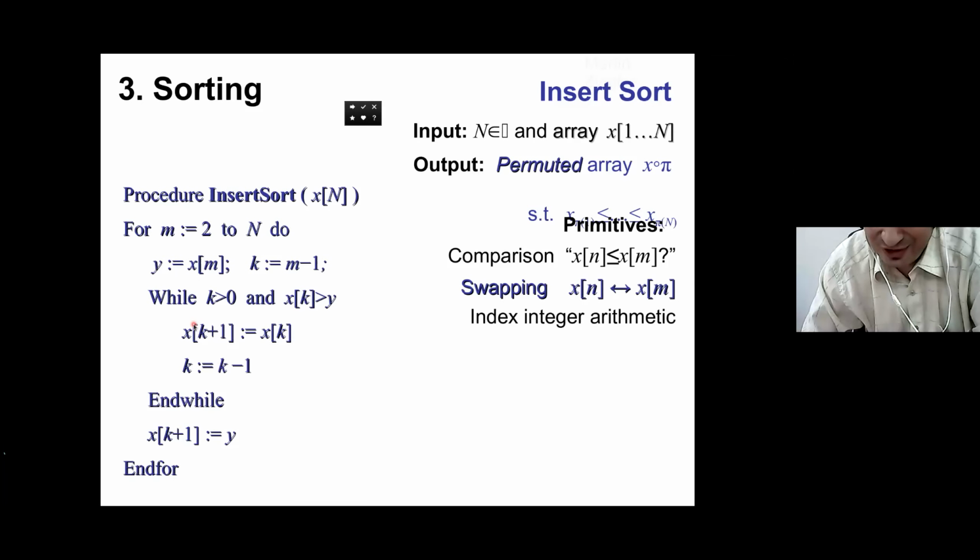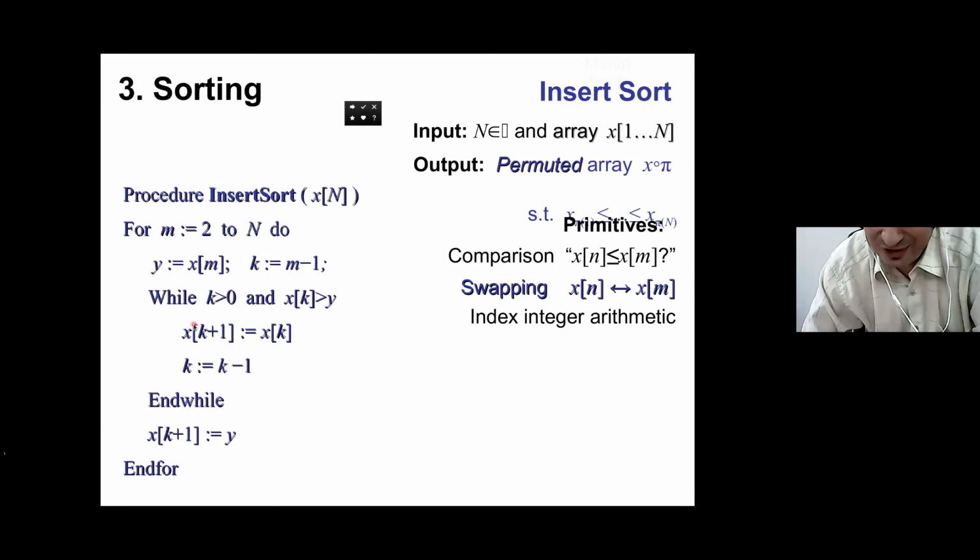So how is this being done? Small m is the index of the first non-sorted element. Obviously, one element is always sorted, so you can start with 2. And so I save this element in y. What is in the red box now is the value of this variable y. And then I go through the list of the previous sorted elements from right to left.